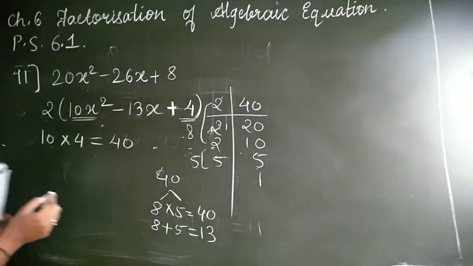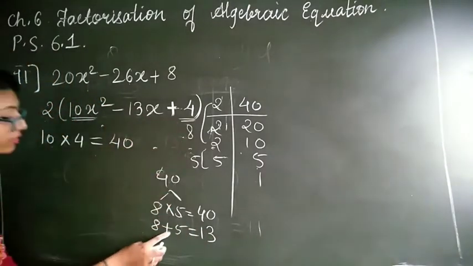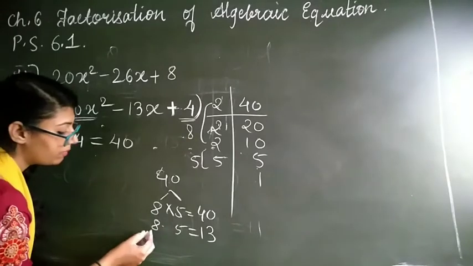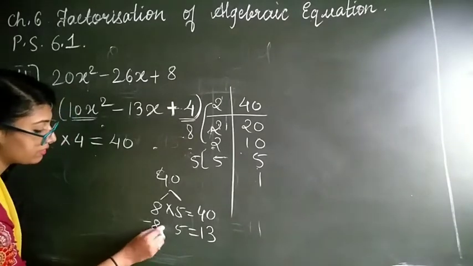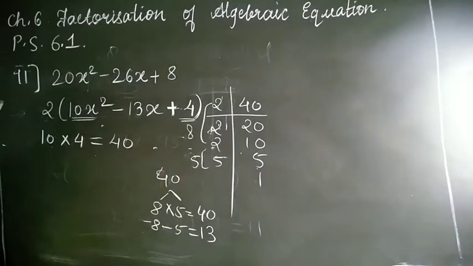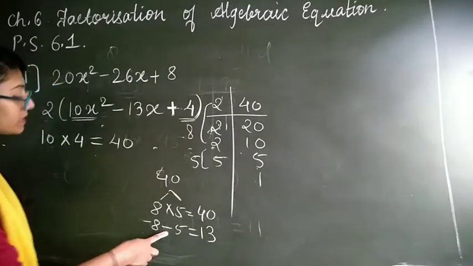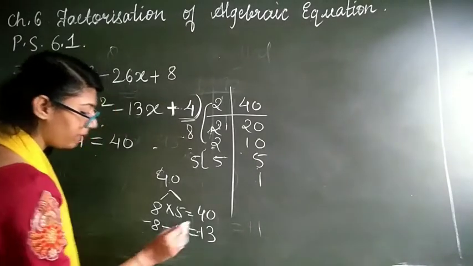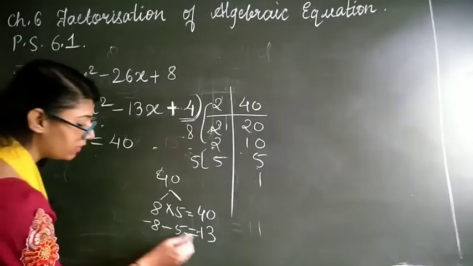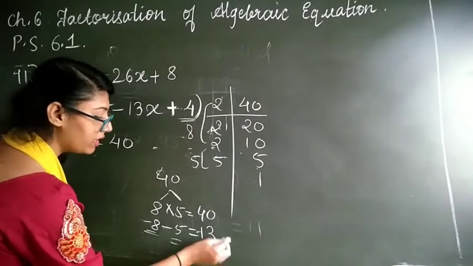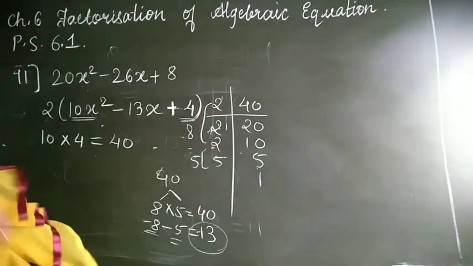Okay, so now we want minus 13. Minus into minus will be plus, and the greater number's sign will be minus. So we will substitute minus 8 and minus 5 where there is minus 13.